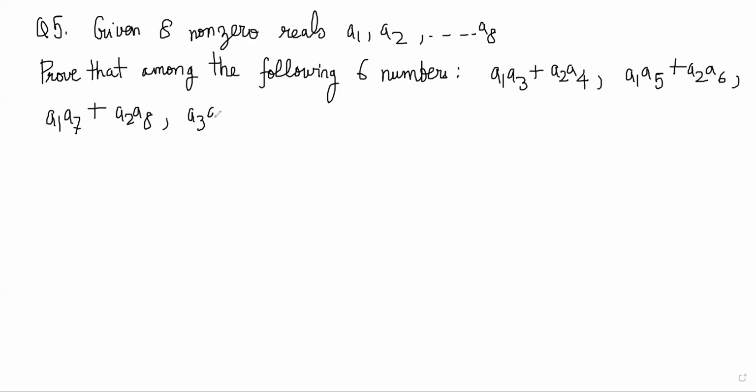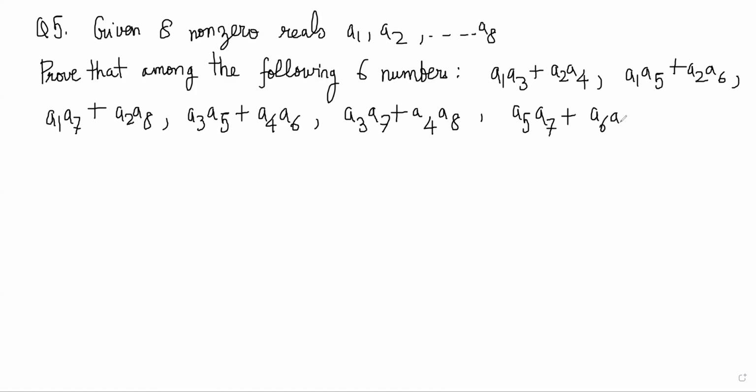Next one is A3 A5 plus A4 A6. Next one is A3 A7 plus A4 A8. And the last one is A5 A7 plus A6 A8. Among the 6 numbers, we have to prove that at least one of them is non-negative.